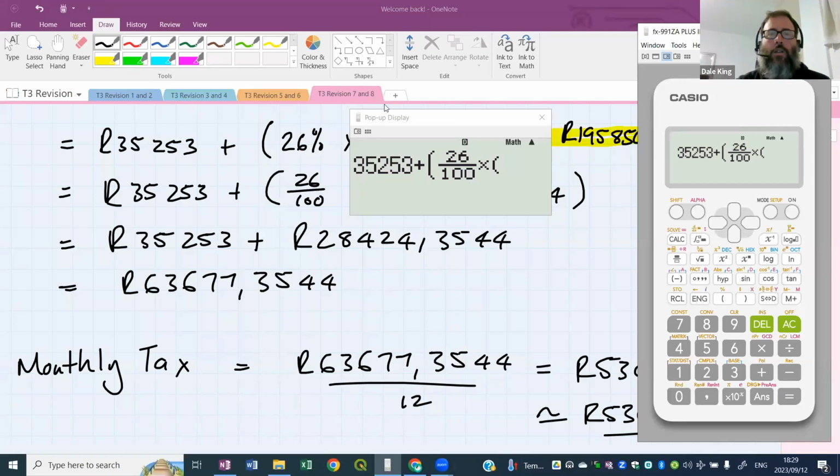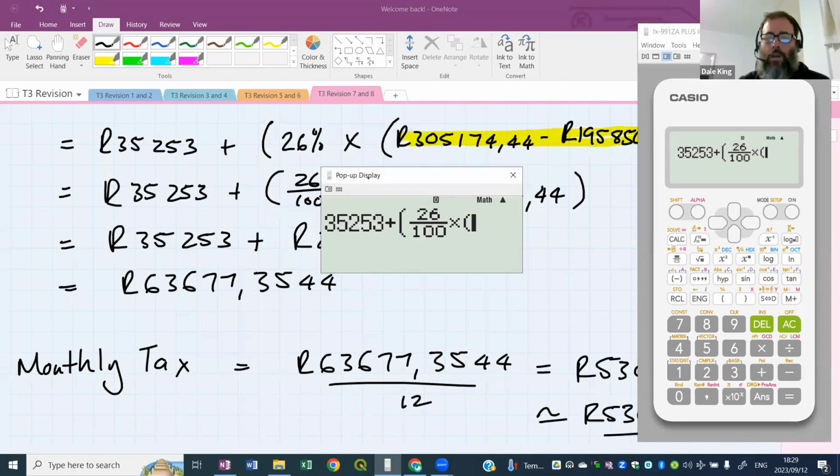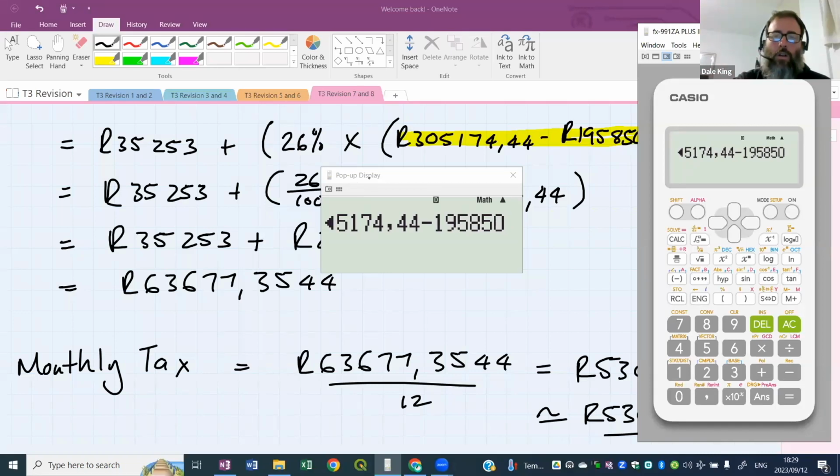So now we're going to do the 305,174.44 minus 195,850. Now, at the end here, once you've typed this in, you've got to close one bracket for the difference between the annual and the 195,850, and close the other bracket for 26% off. So there's two brackets here.